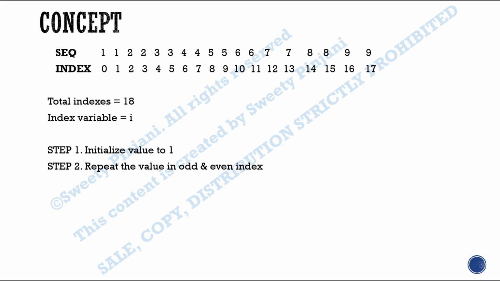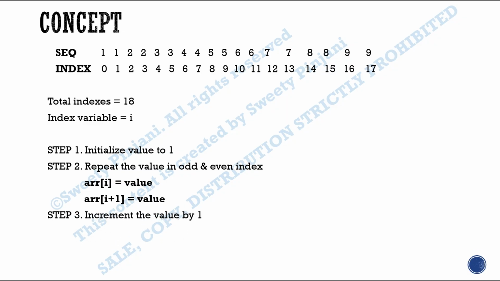So I can say one time at the even place and second time at the odd place. 0 and 1 I'll assign value 1, then 2 and 3 I'll assign value 2, 4 and 5 I'll assign value 3, and so on. So consecutive odd and even positions I have to assign the same value. So repeat the same value in odd and even indexes. It means in the index I have to assign the same value, and in the index I plus 1 I have to assign the same value.